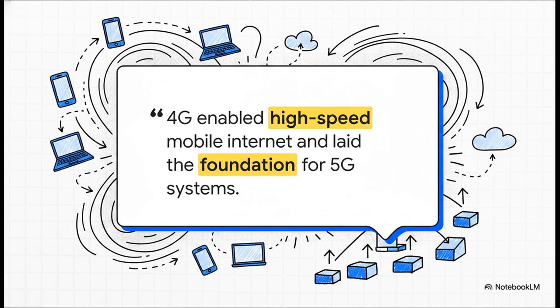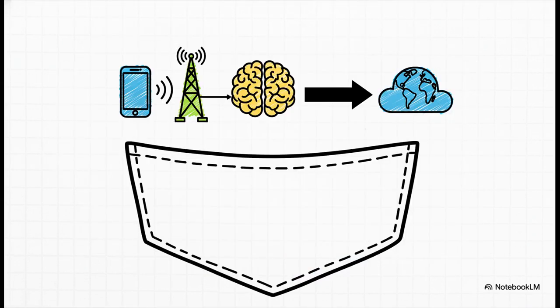So when you look back, the big takeaway is this. We can't underestimate 4G. It wasn't just another small step up. Its architecture literally built the foundation for the entire mobile-first world that we all live, work, and play in today. And that's really the core of it all. The 4G network is this brilliant combination of the radio part, the E-UTRAN, and the smarts of the core network, the EPC.